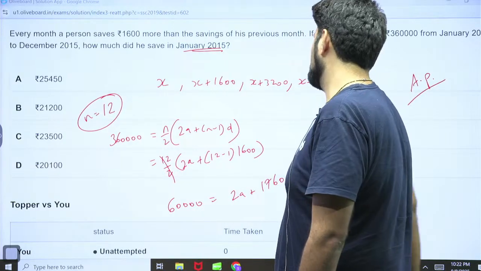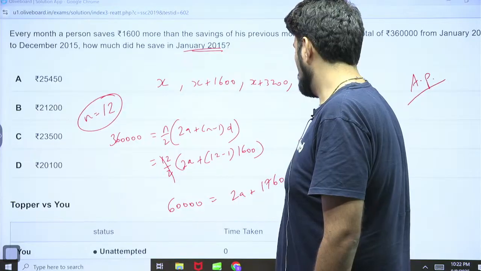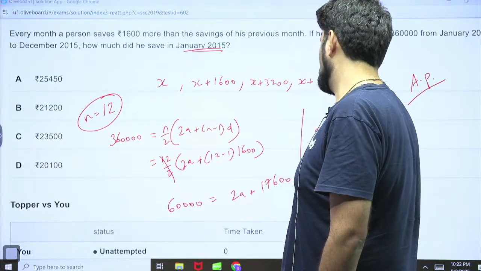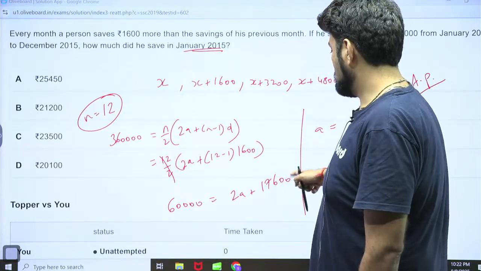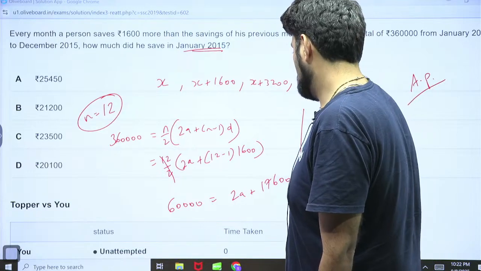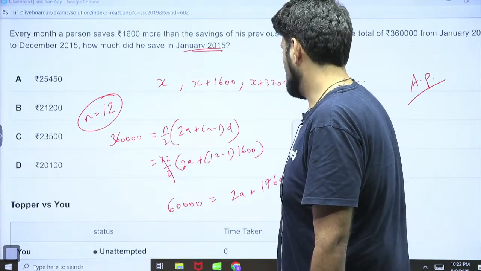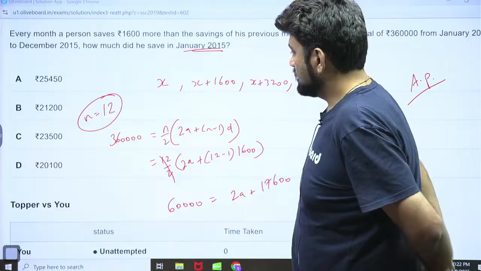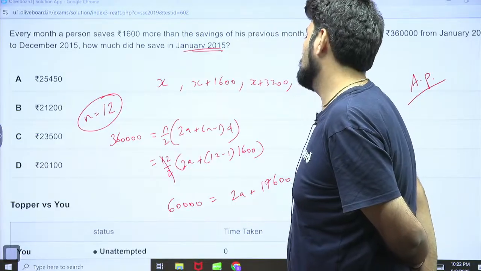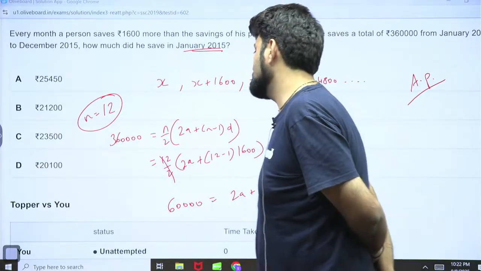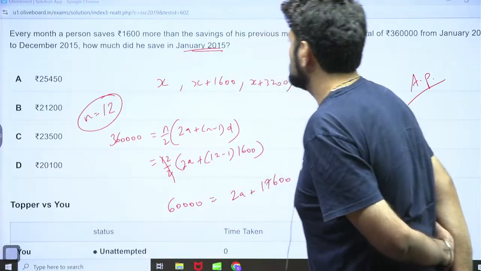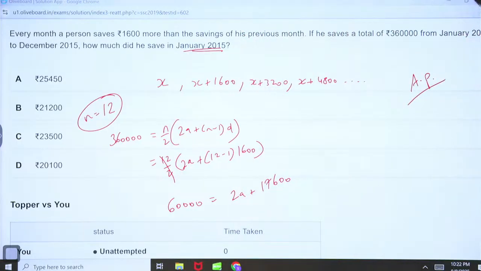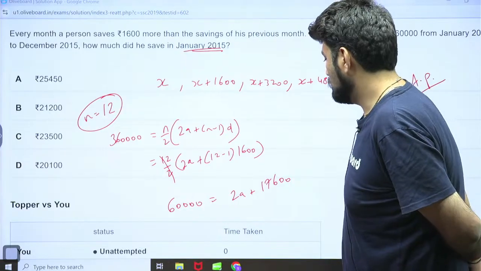17600. So 2A will be equal to, so A will be equal to 60,000 minus, oh wait, something wrong. Something gravely wrong has happened here. 3,60,000, no? 11 into D. Oh, this is 17,600.